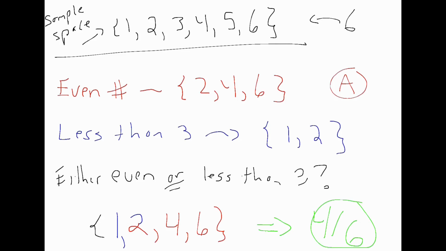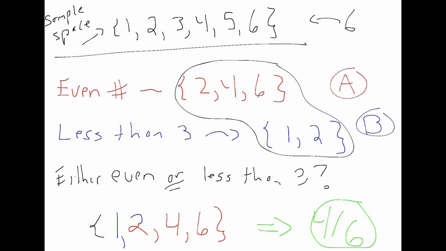The probability that I throw a number less than 3, I'll call this event B. What are the numbers less than 3? That's 1 and 2, of course. And so what's the probability that I do either of these things? What's the probability that either something in here happens or something in here happens? Well, how can that happen?